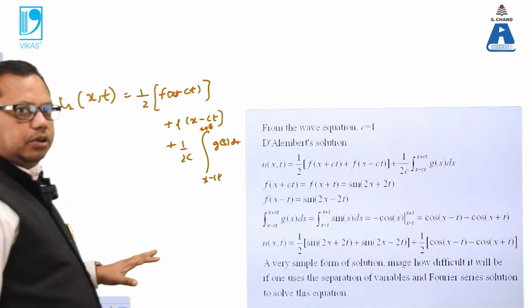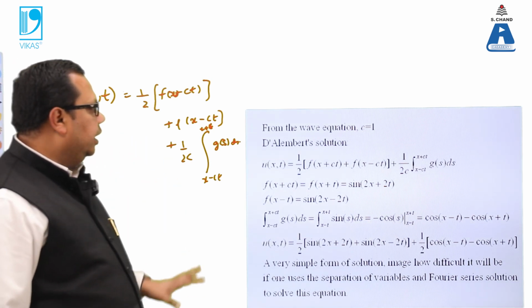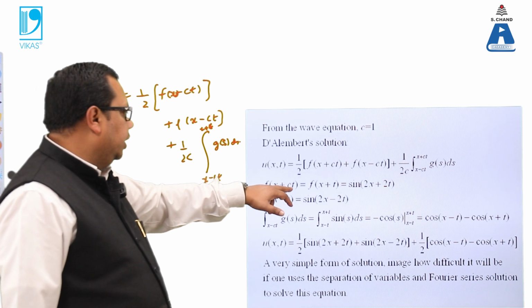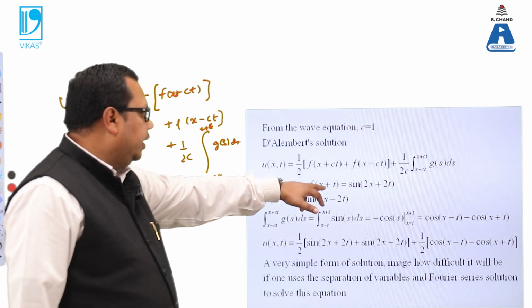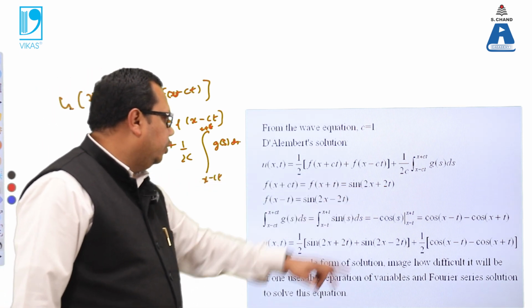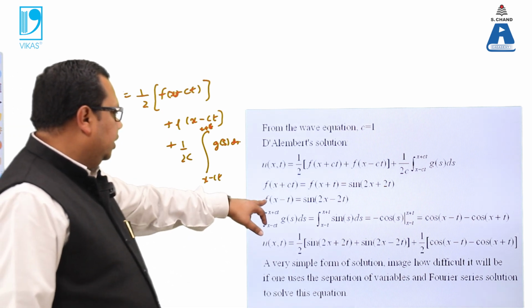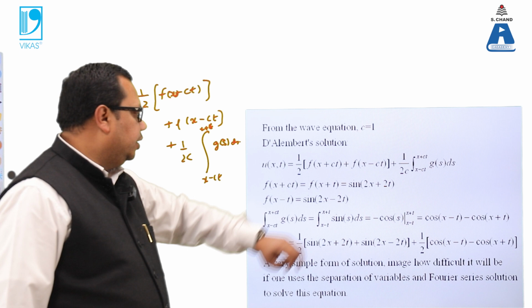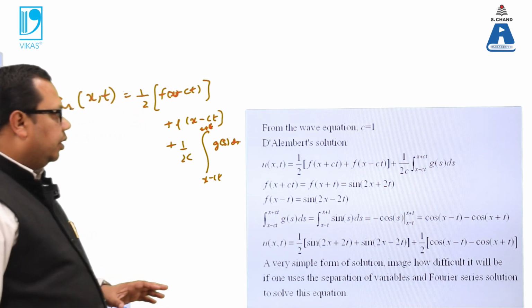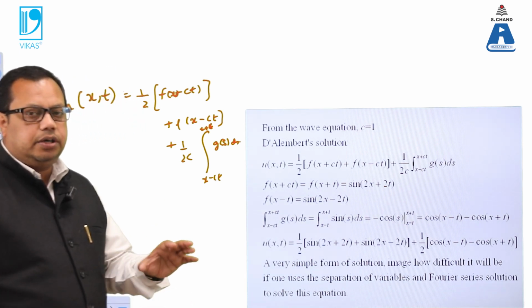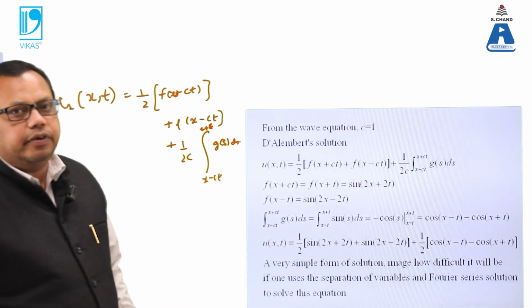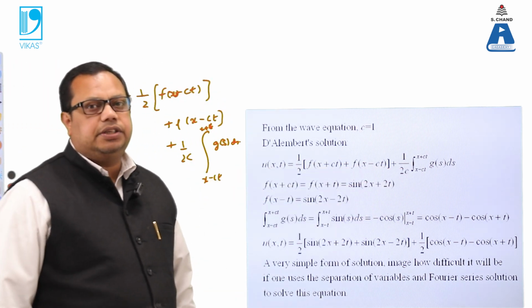Now we have all the values, so we can put them in this form. f(x plus ct), that is f(x plus t), is equal to sin(2x plus 2t), and f(x minus t) is equal to sin(2x minus 2t). First, from the wave equation we have to calculate the value of g(s) and the values of x plus ct and x minus ct.